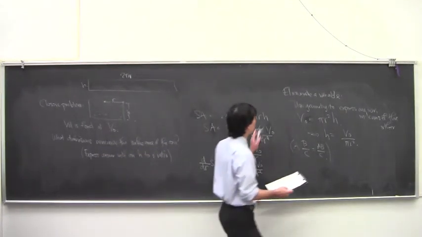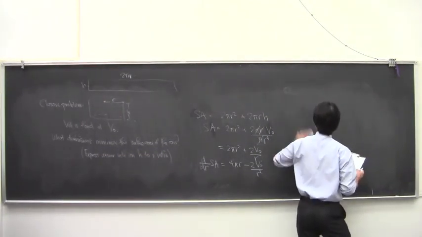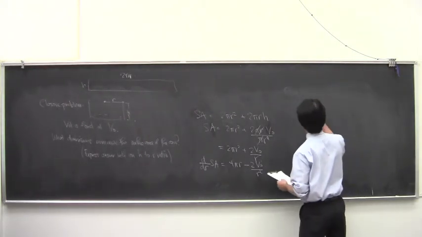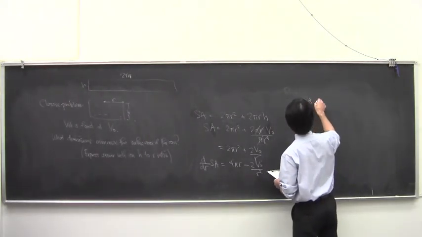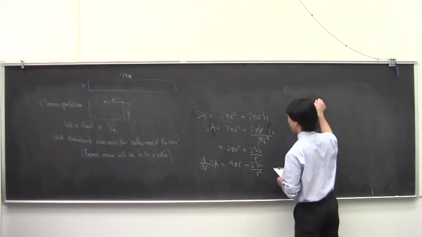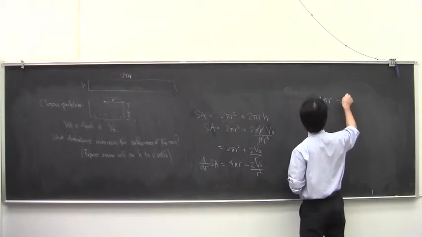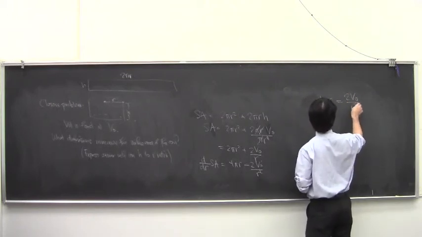Setting that equal to 0, we get 4 pi r equals 2 v naught over r squared.